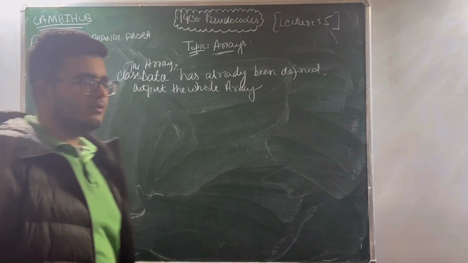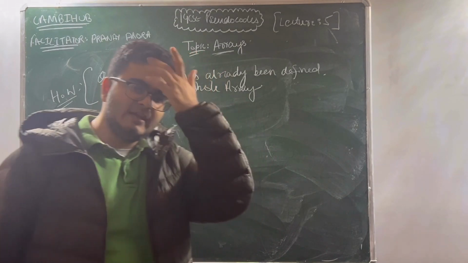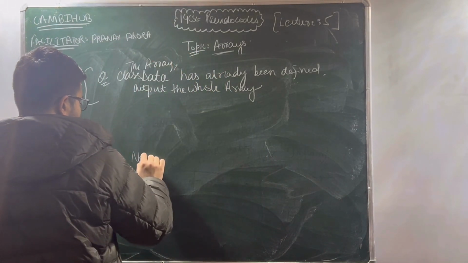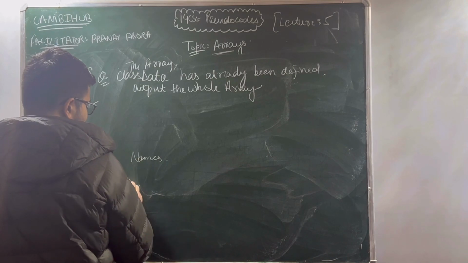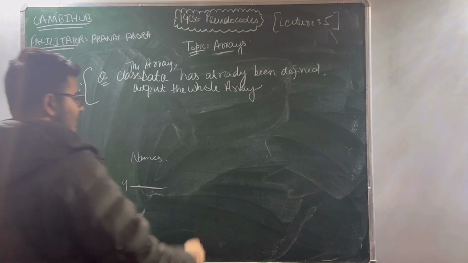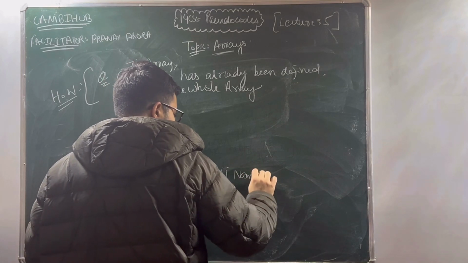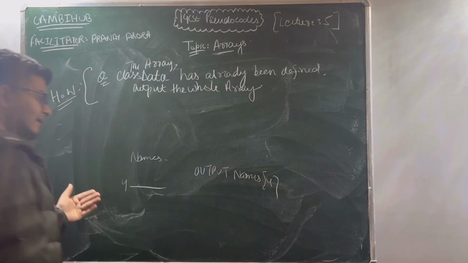I'll just tell you how to output a single piece of data in an array, right? So for 1D array, suppose I have the names of people, right? If I have to output the 4th name, right? So I'll write output names and in bracket I'll write 4, right?